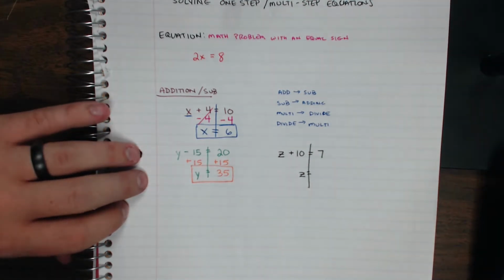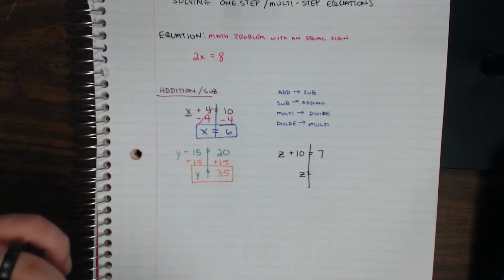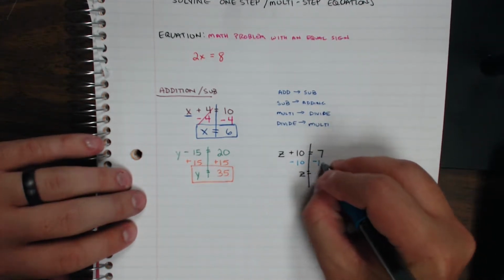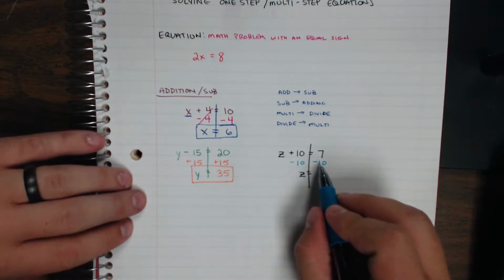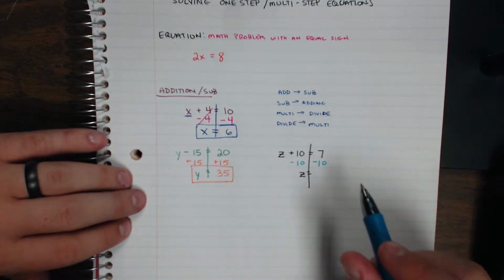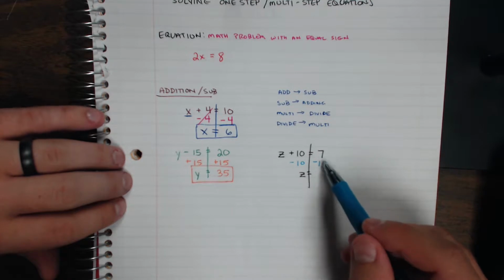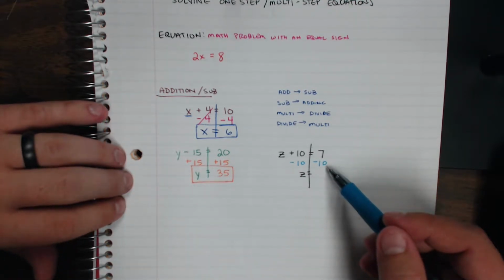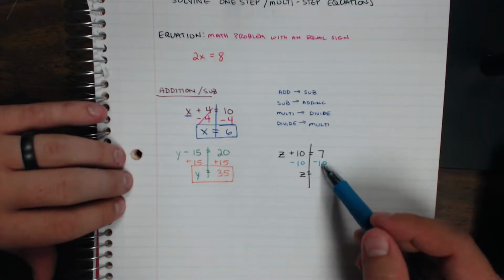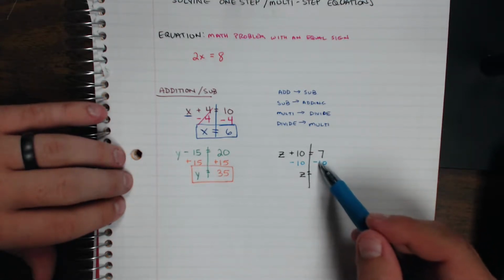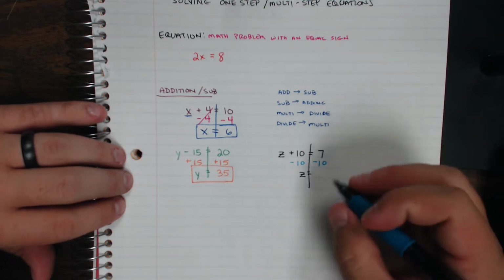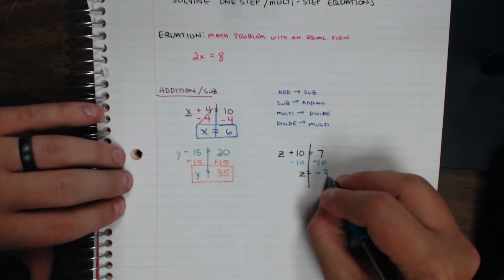To cancel out plus 10, I'm going to subtract 10. But when I get over here, I'm not going to have 10 to take away. So in my head, I look at these two numbers and think, which of these is farther from 0? I know 10 is bigger than 7, but it's negative. So 10 minus 7 gives me 3, but because my bigger number was negative, it leaves me with negative 3.